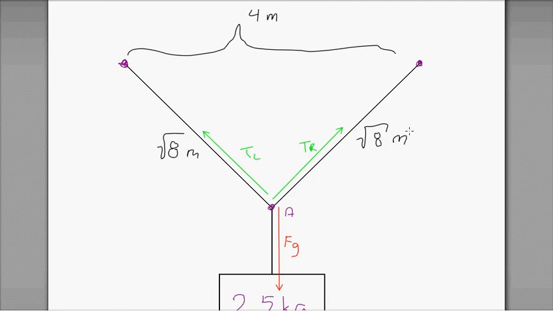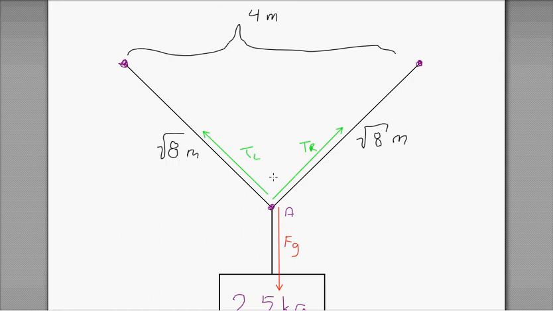Now, the next thing to realize is that these forces, TL and TR, are the two forces that cancel out your Fg. If you were to add all these forces together, head to tail, they would add up to 0. Okay, that's great.